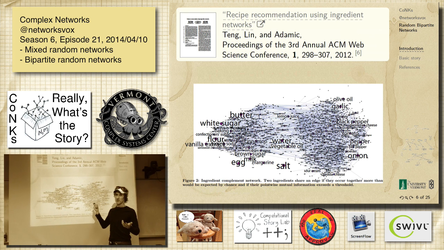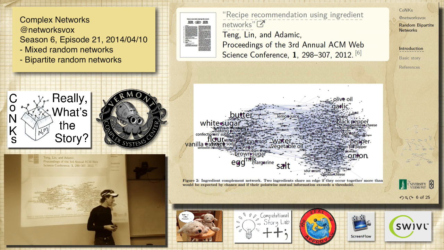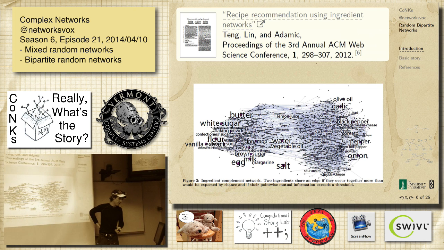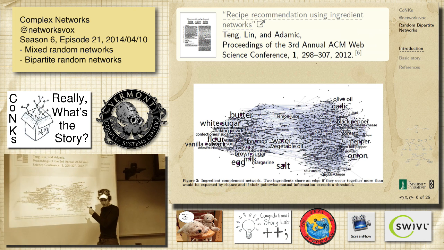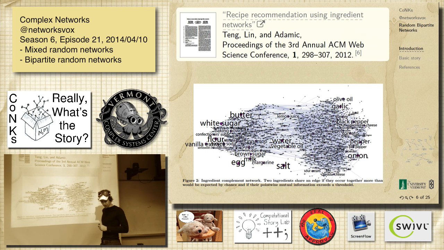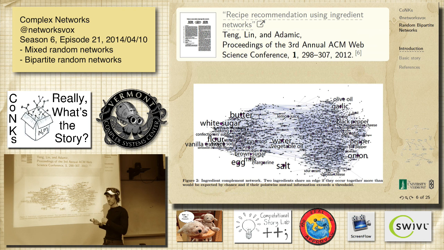Okay, so this was published a year later, but it appeared around the same time. So it's Lada Adamic and Yu-Ru Lin is in here, and I think a student. But they did this nice thing, again, with recipes, but they went the other way, right? So they looked at ratings of recipes and other things that correlate.